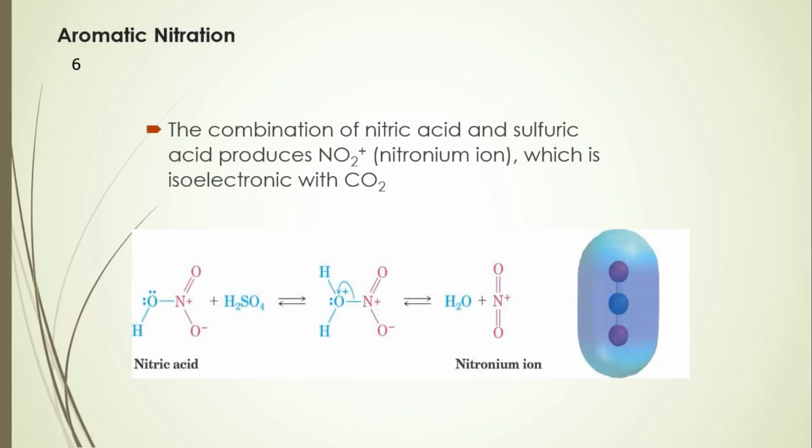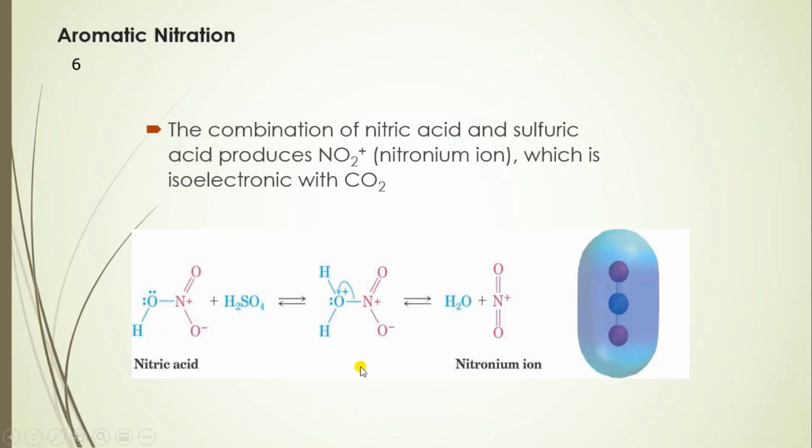We will discuss how all this happens stepwise. Nitric acid is used in combination with sulfuric acid. The first step is that the oxygen of the nitric acid abstracts a proton from the sulfuric acid, and then there is formation of the oxonium ion, O plus.